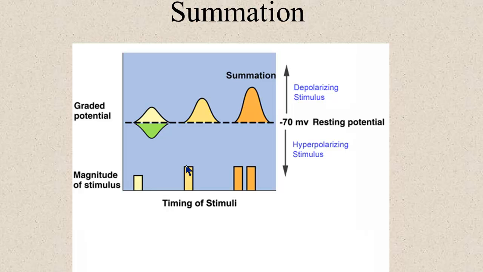Again, if it's sodium ions that are allowed to enter the cell through these specialized channels at the dendrites, those sodium ions will diffuse toward the axon hillock of the neuron and trigger the opening of voltage-gated sodium channels, and that's when the action potential begins.